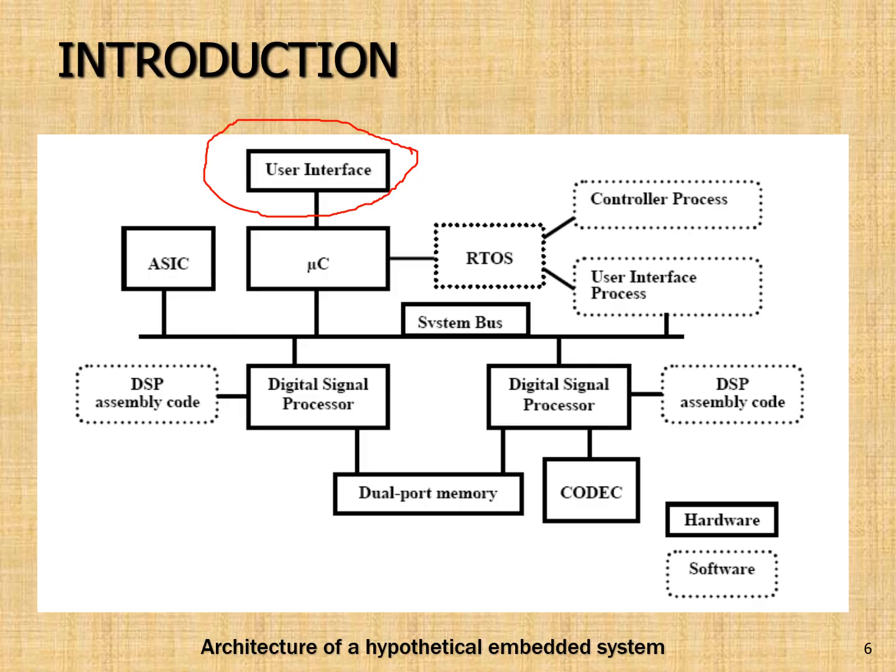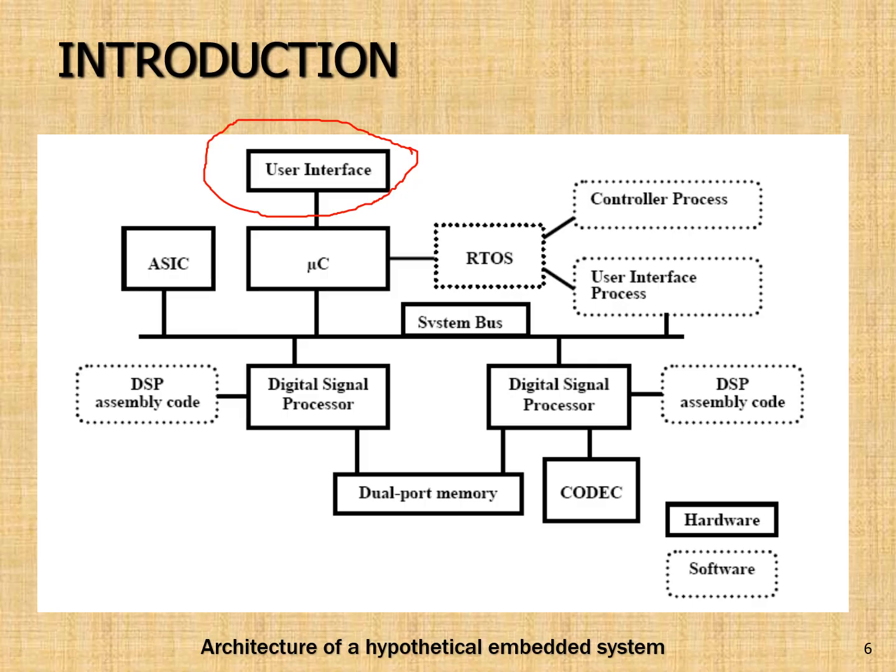Here they can be processing audio signals, video signals, or doing image processing related work. And the DSP assembly code runs on the DSP processors. These DSP assembly codes are specific to the processors, and they are written to optimize the signal processing work for the embedded system.